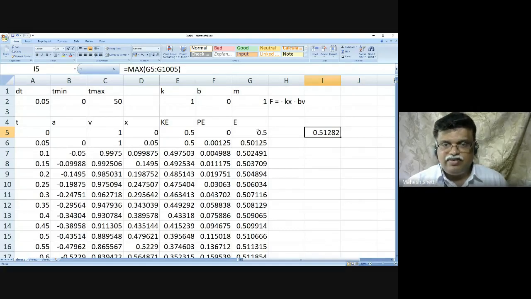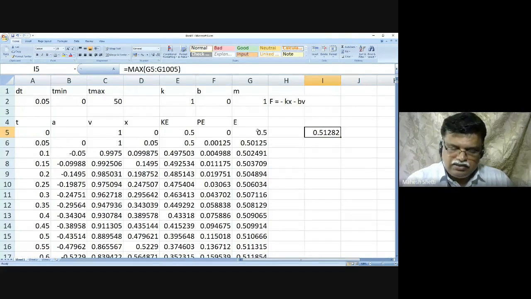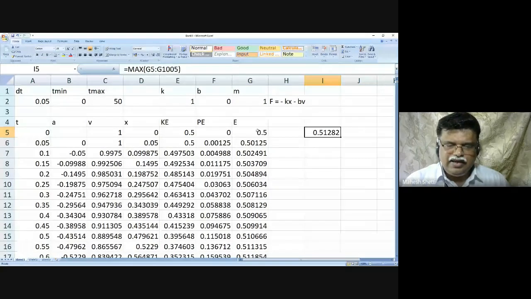So 2.5% is the maximum error that I have. This is how, when you are doing numerical integration and solving differential equations numerically, the different methods tell you, analytically people have worked out what is the maximum possible error involved with that particular method. So one has to take that also into account.